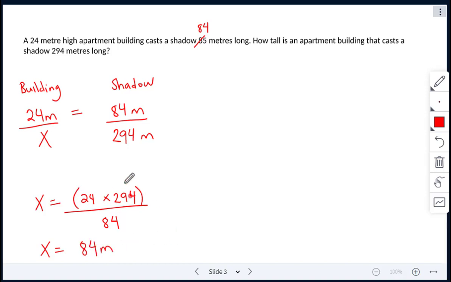Right, and remember you're multiplying first and then dividing. All right, and lastly is the sentence. The apartment building is 84 meters tall. I'm just going to shorten that and say it is 84 meters tall.